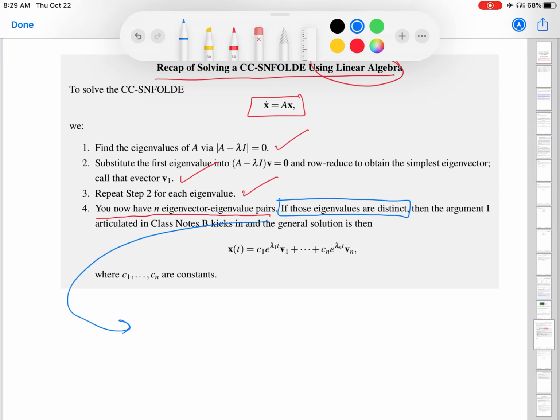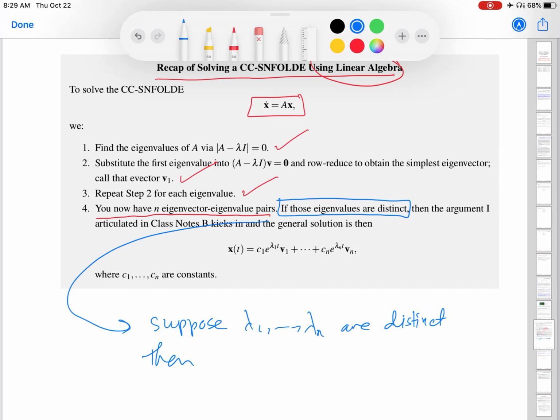The Class Note B argument does not use that. It's actually a more general argument, which is why I wanted to present that first. It does not require that the eigenvalues be distinct. But suppose that the eigenvalues, lambda 1 through lambda n, are distinct, meaning they are not the same. So lambda 1 could be 4, and lambda 2 could be 7. None of the numbers repeat.